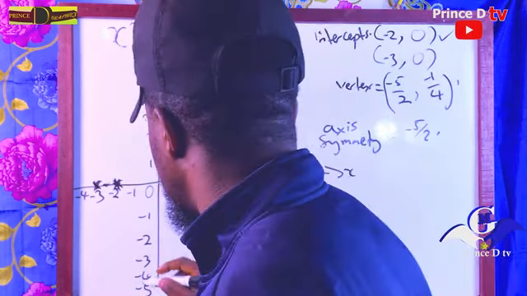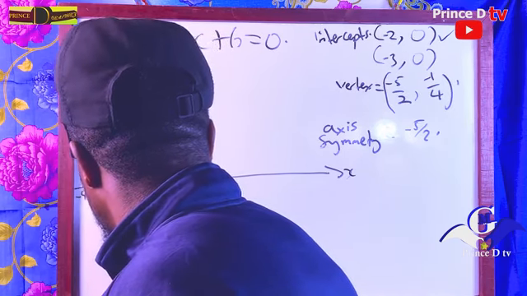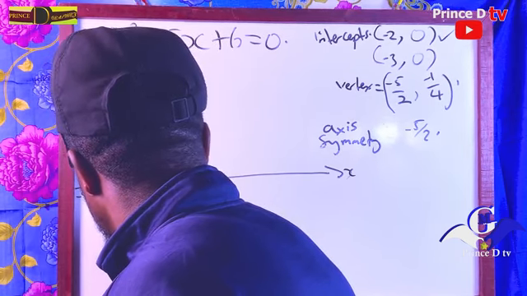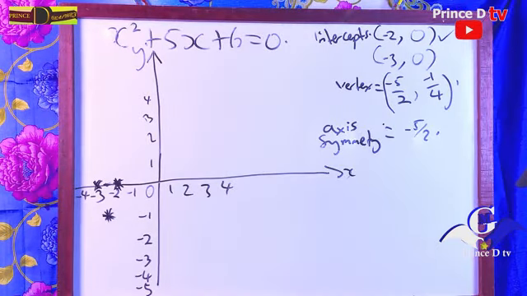So we have a point somewhere around here, where they will meet. Then our axis of symmetry: we said our line of symmetry is the vertical line passing through the vertex, x equals minus 5 over 2.